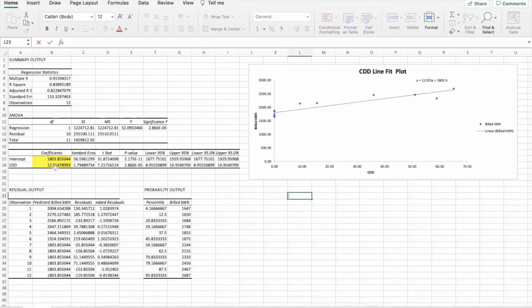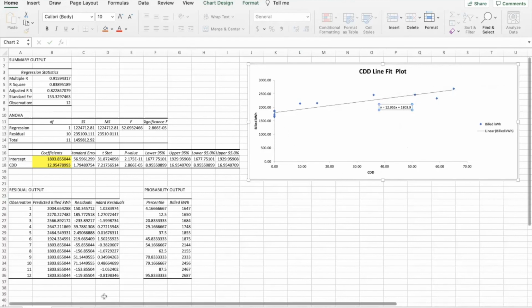The slope is 12.95, and the y-intercept is 1,803. That is the equation we obtain from the method of linear regression. So, any question on how we obtain this graph so far?